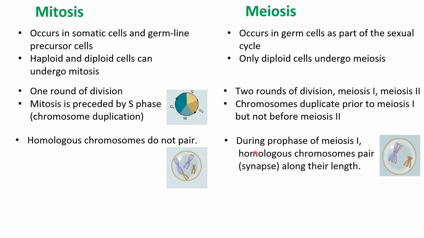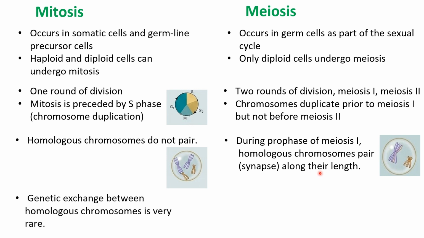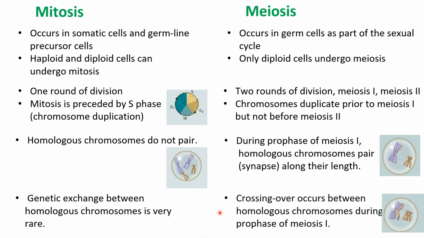In meiosis, during the prophase of Meiosis I, homologous chromosomes pair along their length. In mitosis, genetic exchange between homologous chromosomes is very rare. However, in meiosis, crossing over occurs between homologous chromosomes during prophase of Meiosis I.